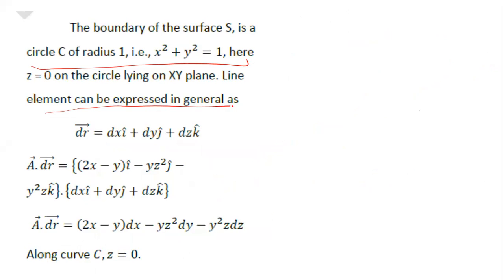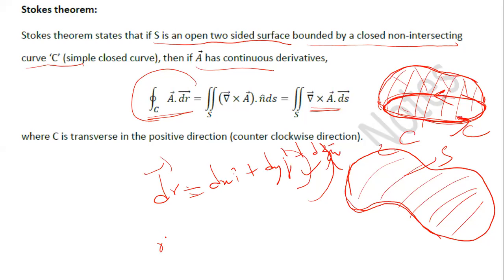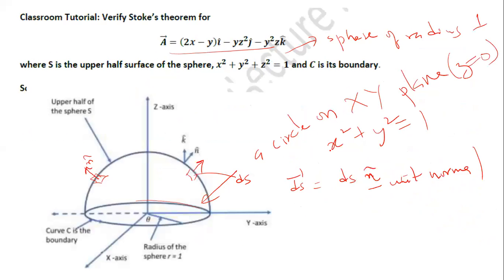In order to integrate over this curve C, you have to consider a line element dr. The dr vector in general is dx i plus dy j plus dz k, because the r vector, the position vector, we write as x i plus y j plus z k in the Cartesian system. So dr vector will be dx i plus dy j plus dz k. As simple as that.